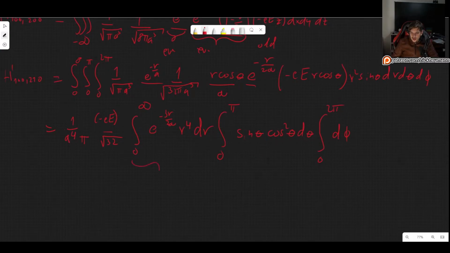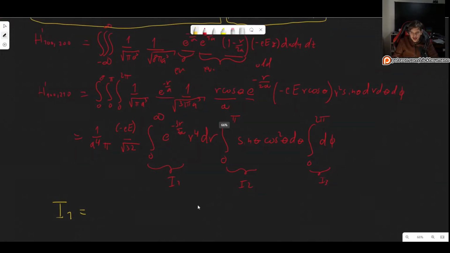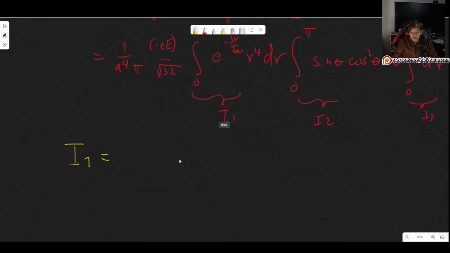Now let's call them I1, I2, and well, there's no need, but I'll call it I3. Now we have solved each one of these many times before. So I1, this one is solved by using integration by parts many times.